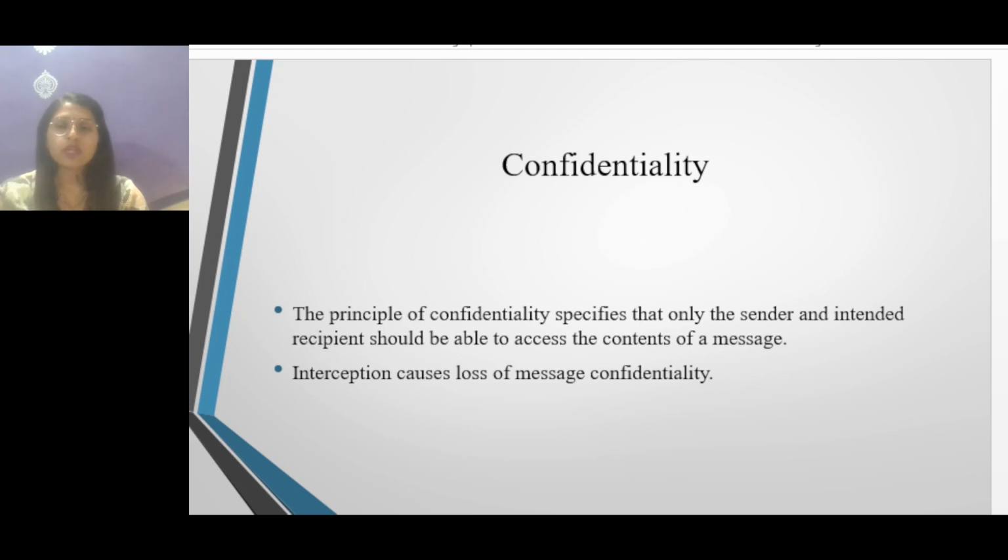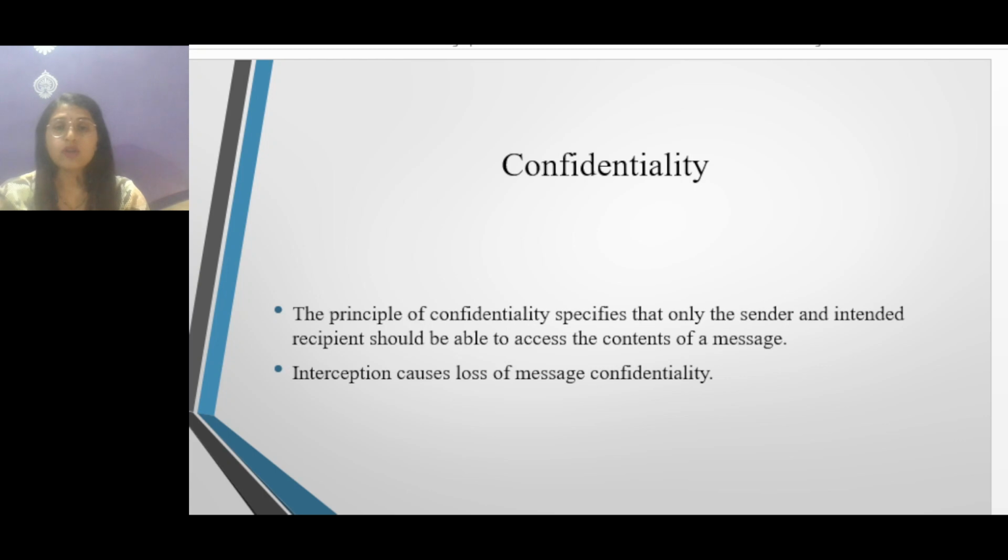So you need to protect the data where it is stored. Also, once the data is sent via some transmission line, you need to conceal the data. So that is the principle of confidentiality, that only the intended entity should be able to get the content of the message.